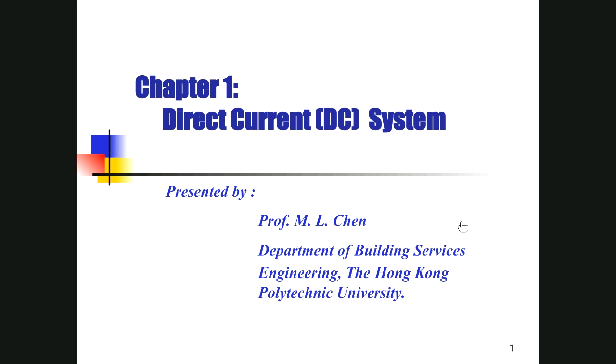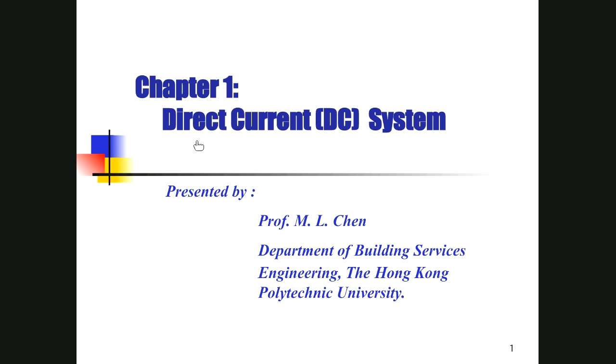In short, DC systems. So now you understand the meaning of DC systems, namely direct current systems. What does it mean by direct current systems? Direct means straightforward, right? Straightforward means one direction, just like when you're walking on the street, one direction.